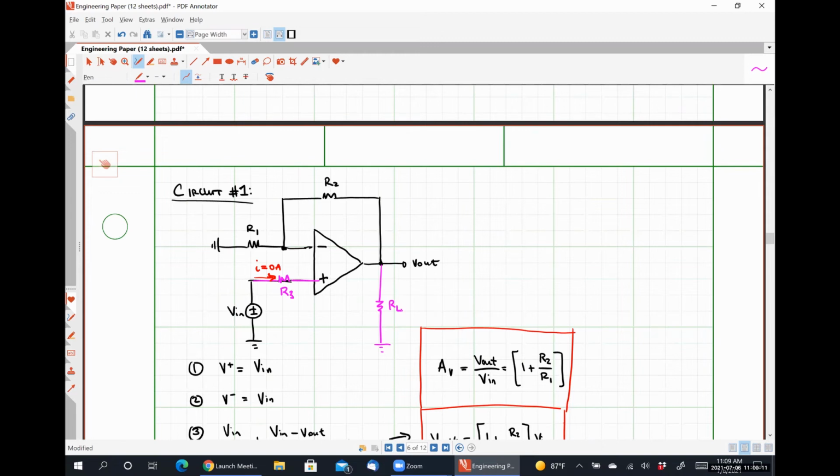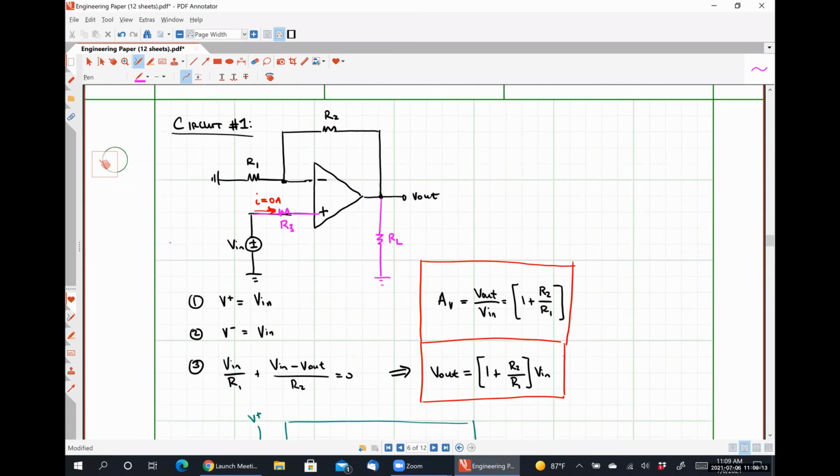No. It doesn't have any effect on calculating V plus, obviously, because it's not connected at the inverting input terminal, and it would not show up at all in our KCL equation either. So even if we put a resistor there between the output node and ground, it also doesn't do anything.